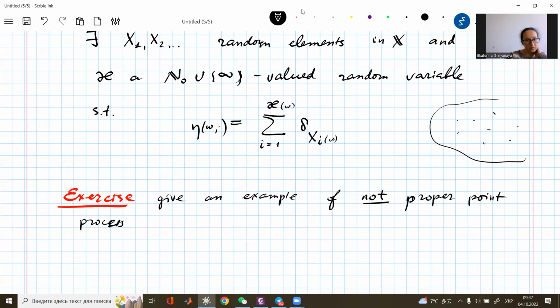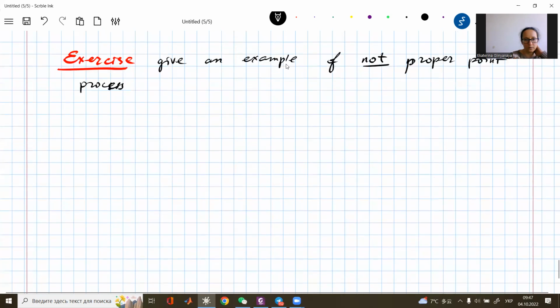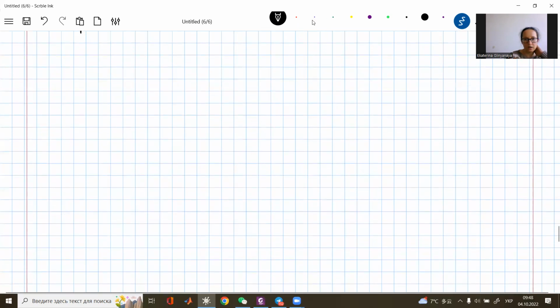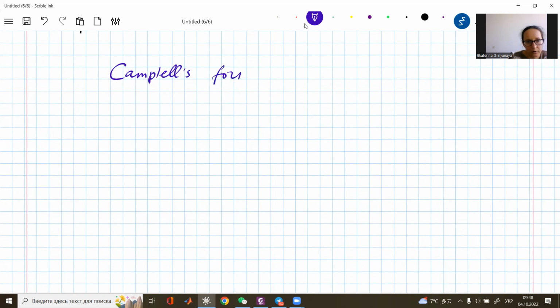Okay, now let us consider some properties of a point process, and we can write down a subsection of this lecture: Campbell's formula. So if we have a random process, we want to know some characteristic of it.